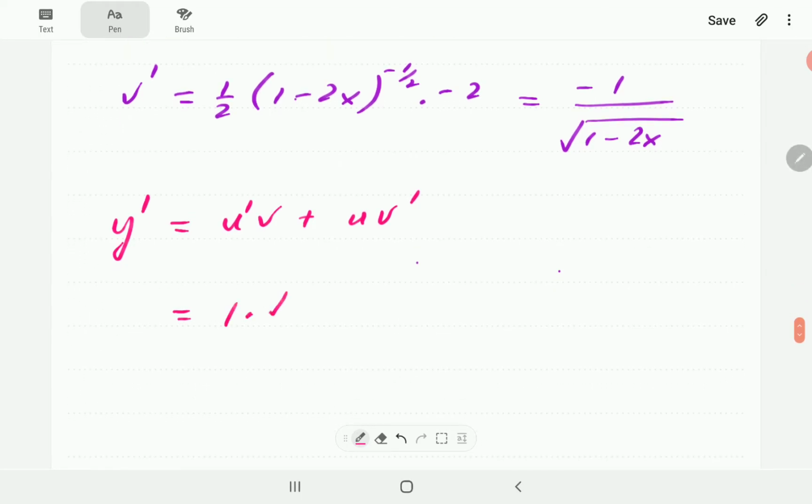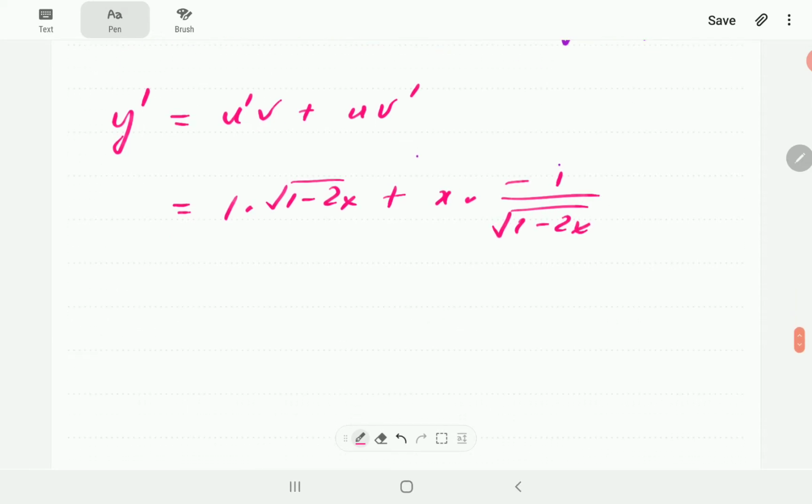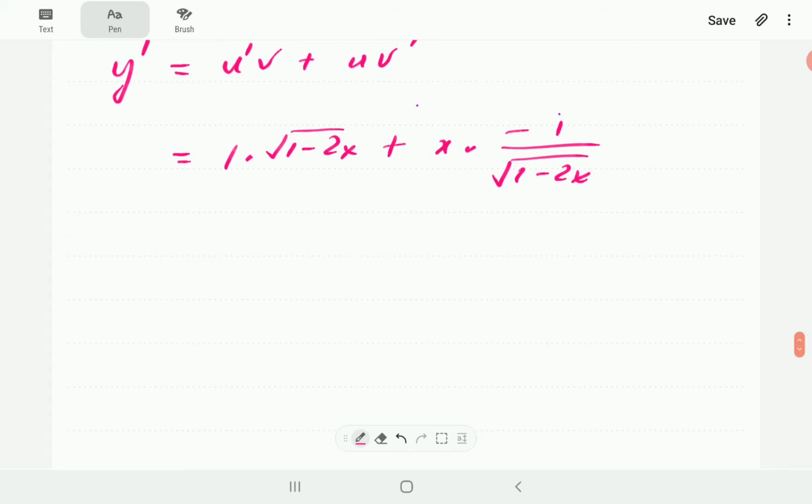So we're going to have 1 times the square root of 1 minus 2x, and then plus u v prime. u is x, v prime is negative 1 over the square root of that. We are yet to differentiate this again. It's going to be helpful then to write it as one fraction. Otherwise, we are going to have to be differentiating too many terms.